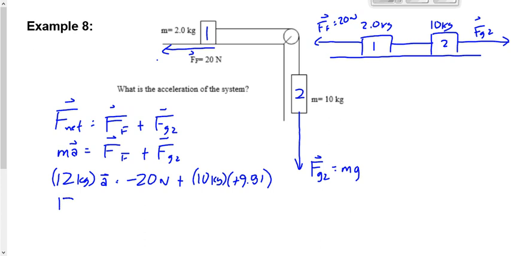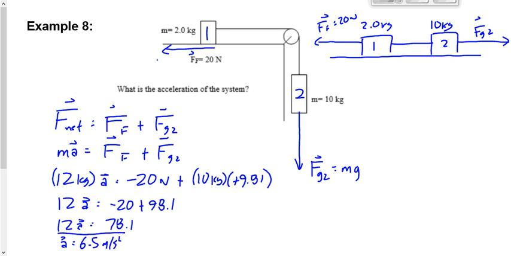We got 12 kilograms times the acceleration equals negative 20 plus 98.1, or 12 times A is equal to 78.1, and 78.1 divided by 12 gives me a value of 6.5 meters per second squared. Or you could say 6.5 newtons per kilogram.